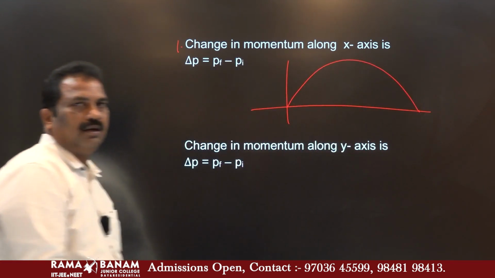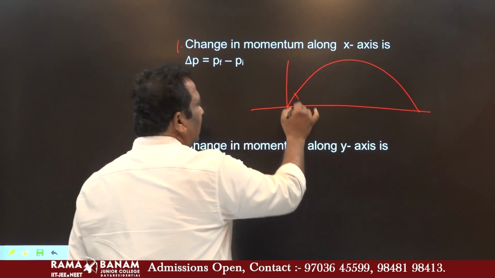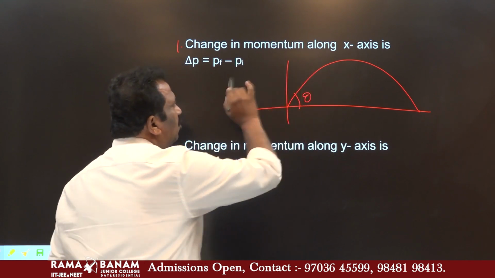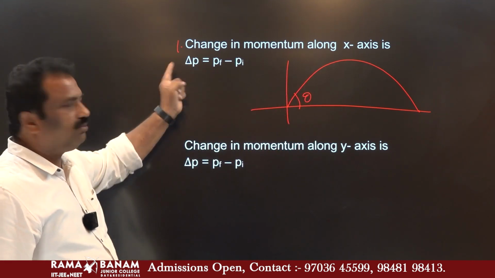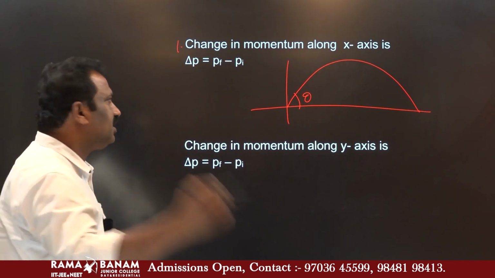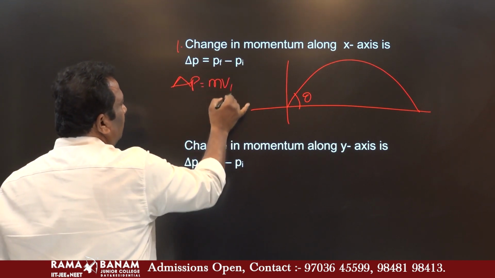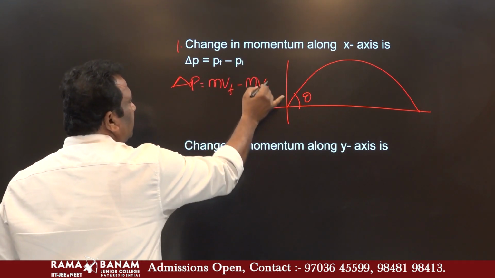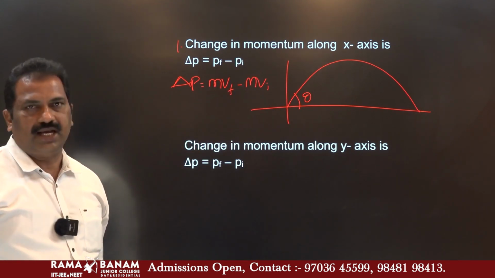Change in momentum means delta P = P final minus P initial, that is delta P = mv final minus mv initial.